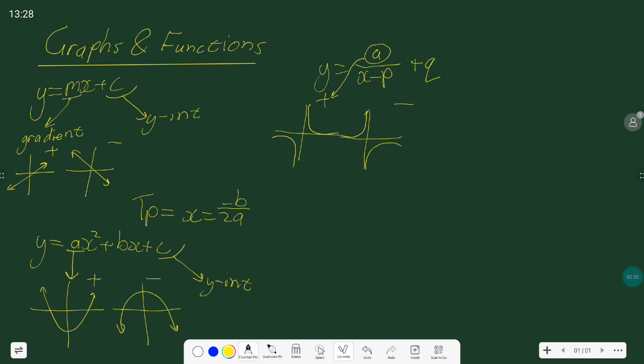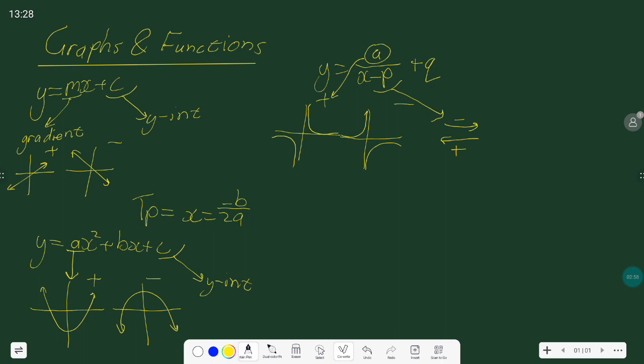Okay, what is my p value responsible for? It moves it left or right. But if it's going to the left, it's a positive.